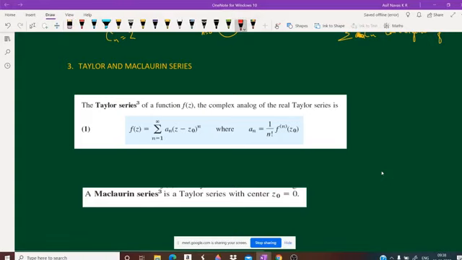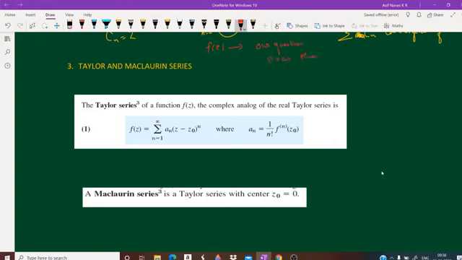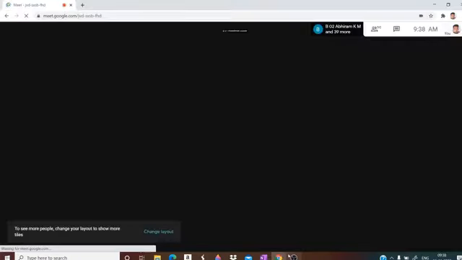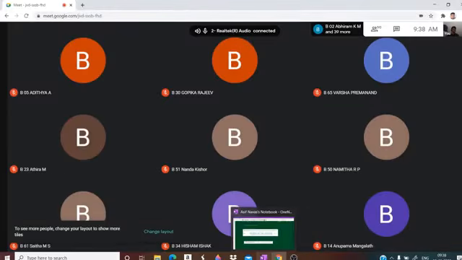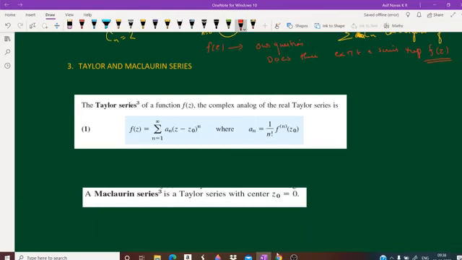Now the thing is, if we have an analytic function, our question is, does there exist a series representation of f of z? That is our question. So for that we will define the Taylor series.